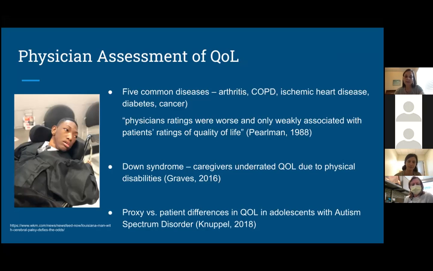There are many unexpected things that patients can do, and it may not be the way that we think we would want to live our lives, but patients tend to rate their quality of life as much higher than we do as physicians. So we should keep these things in mind as we're going through these goals of care discussions and encountering answers that may be different from what we would typically see.